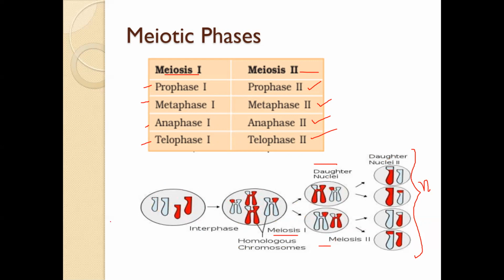You are able to see the total number of chromosomes here is 2n, and here only one of each pair is present. So this is the beauty of meiotic division, and that is why it is also known as reduction division, because the chromosome number is getting reduced through this cell division process.